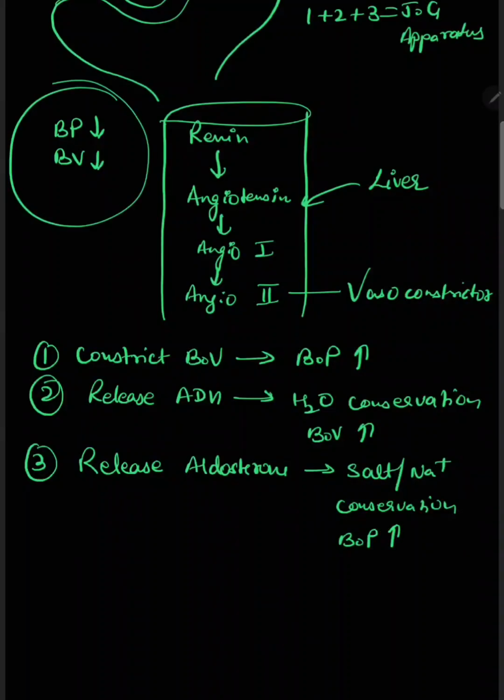The blood pressure and the blood volume were dropping below average. It has been solved. The blood pressure has been increased by constricting the blood vessel, blood volume by conservation of water, and again through aldosterone, these two will act on the DCT, the distal convoluted tubule, and then salt will be conserved, which will again lead to the increase in the blood pressure.